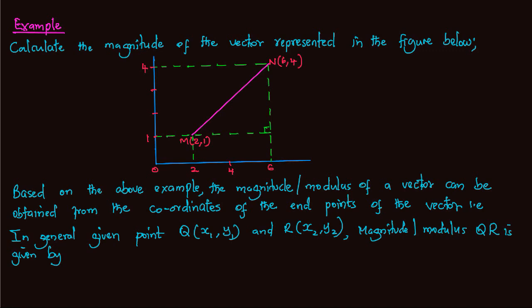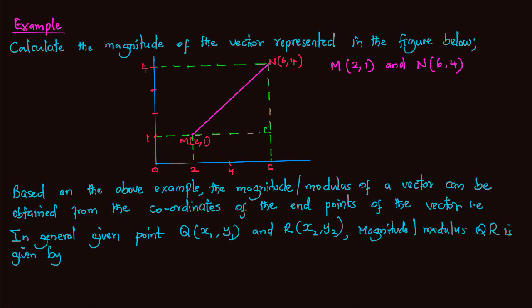Example: calculate the magnitude of the vector represented in the figure below. So we have vector MN. Point M has coordinates (2, 1) and point N has coordinates (6, 4).